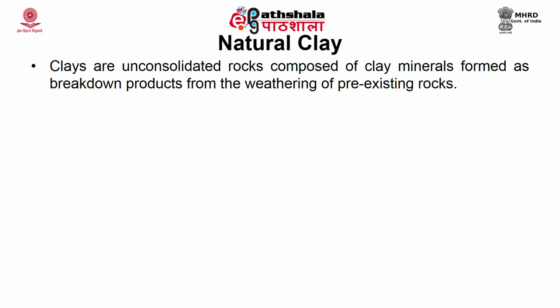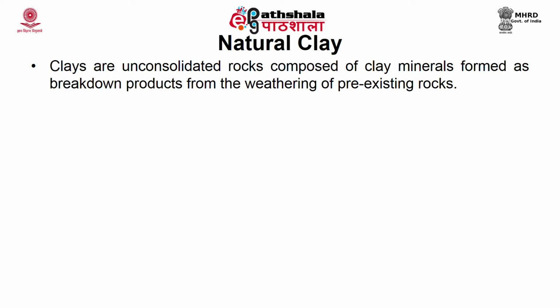Natural clay, this is the first type of liner material which we will look into. Now, clay is nothing but any unconsolidated rock material composed of clay minerals, and they are generally formed by the breakdown products during the weathering of an existing rock.